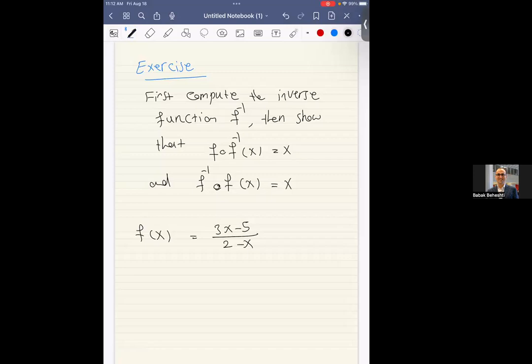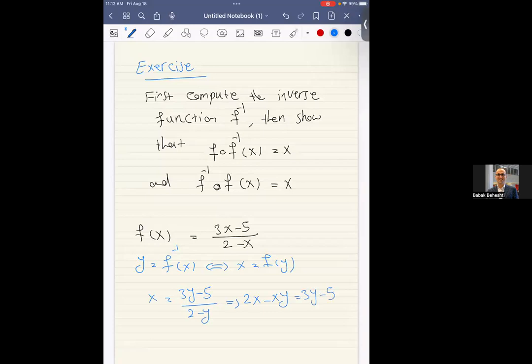So first, let me compute f inverse. So this is f of x. Remember that y equal to f inverse of x means x equal to f of y. So x equal to 3y minus 5 divided by 2 minus y. That means 2x minus xy equal to 3y minus 5.